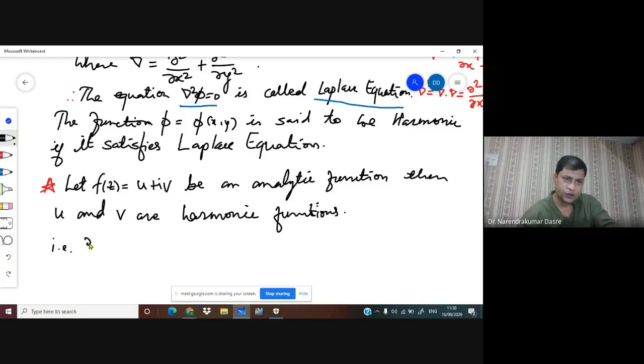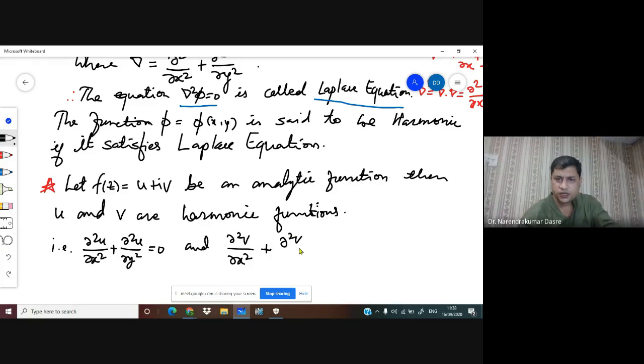So that is, double square u by double x square plus double square u by double y square is equal to 0, and double square v by double x square plus double square v by double y square is equal to 0. Okay. So this u and v both satisfy the Laplace equation.